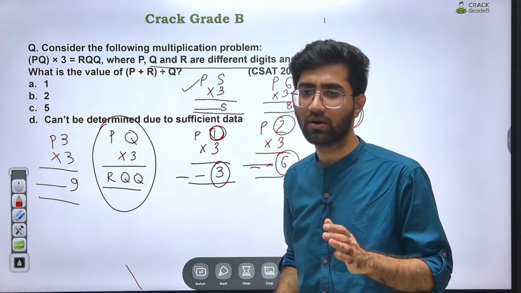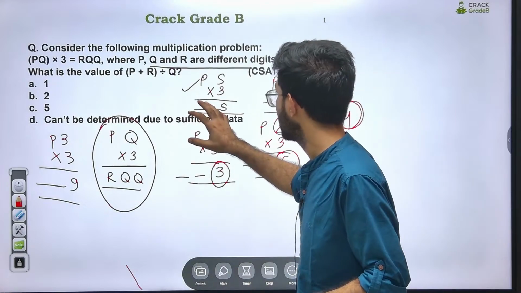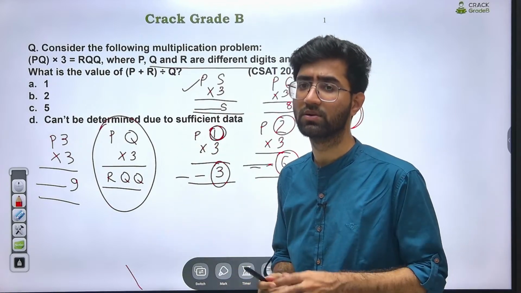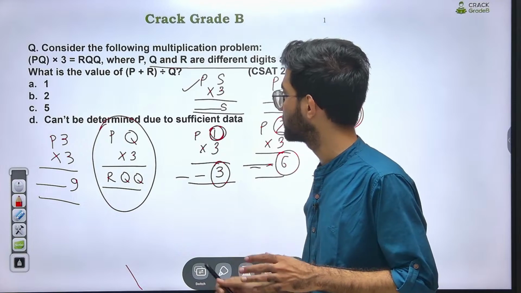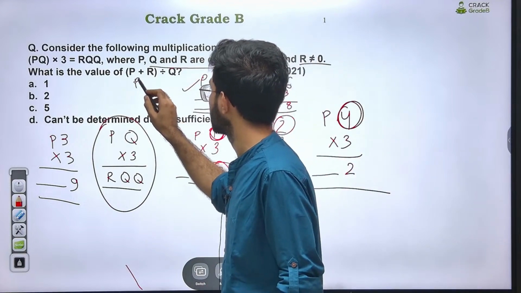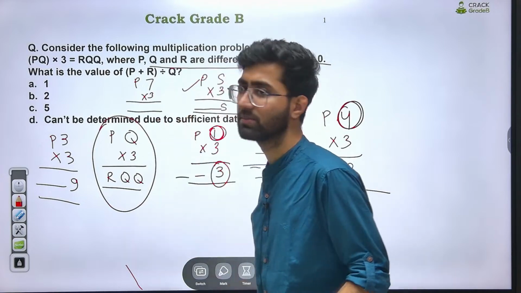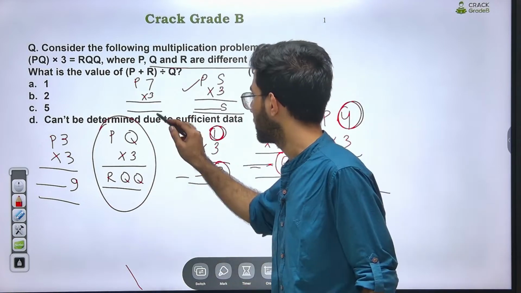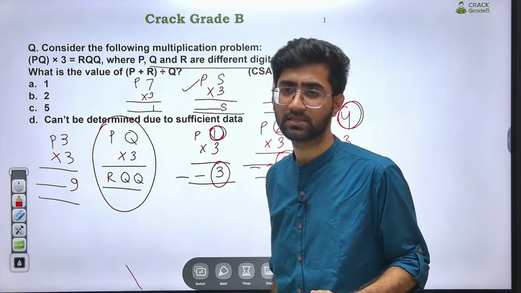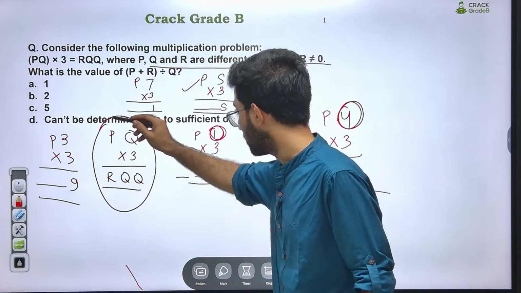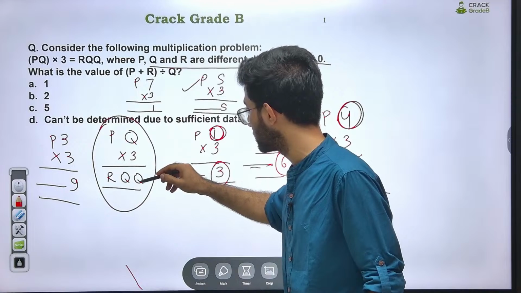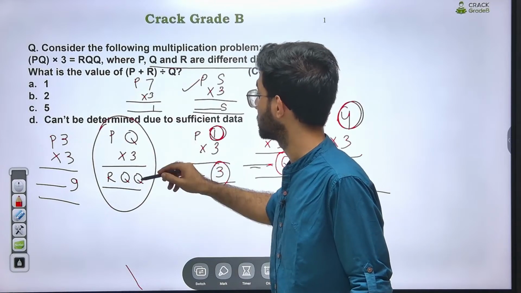Till now we have only found that Q can be 5. Let us check for 7. If you multiply 7 with 3, you will get 21, but you will write 1 at the unit place. Now look at the question: if you multiply Q with 3, you should get Q.